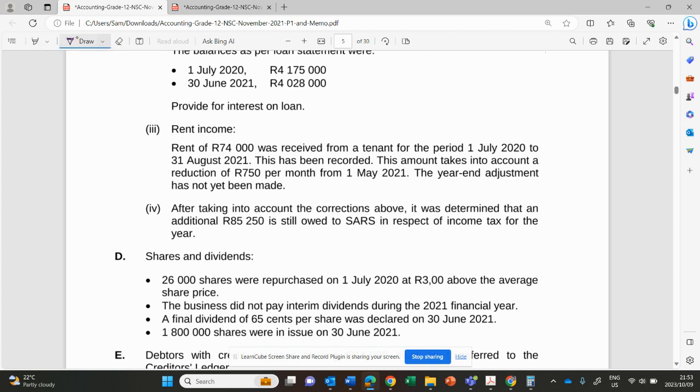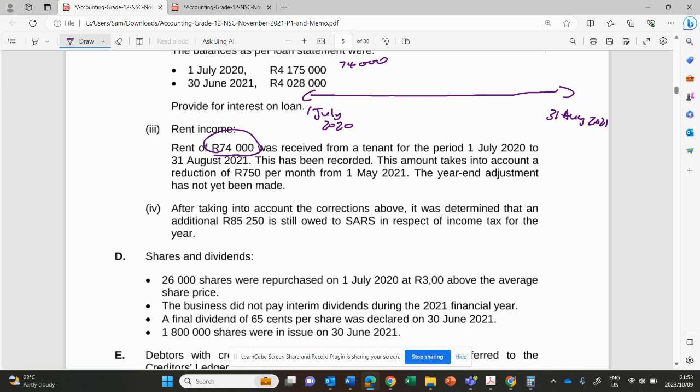It will help us identify the element affected, whether we are having a liability or asset there. So they said this 74,000 was received from a tenant for the period from 1st July 2020 to 31 August 2021.